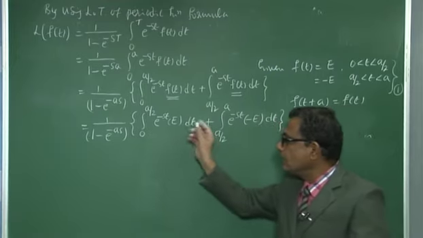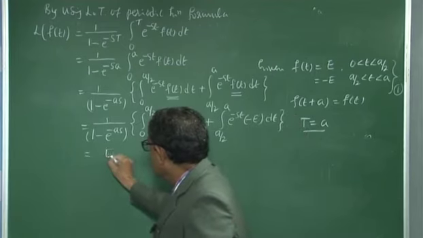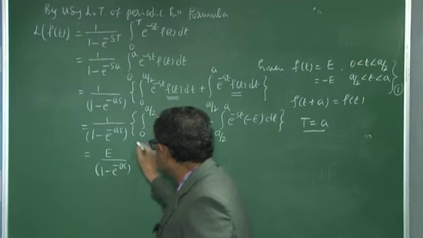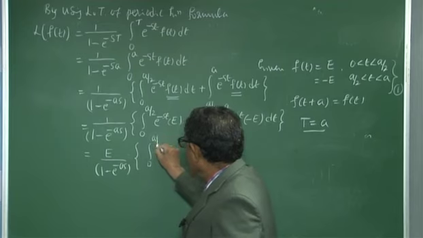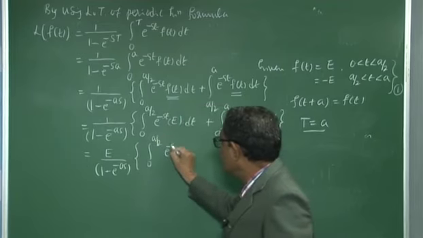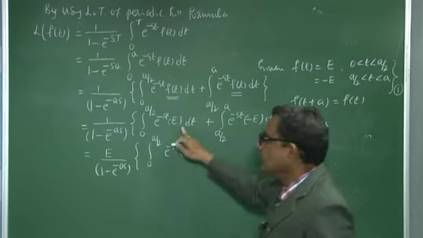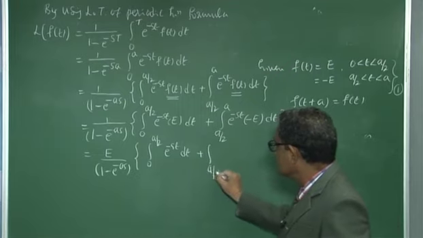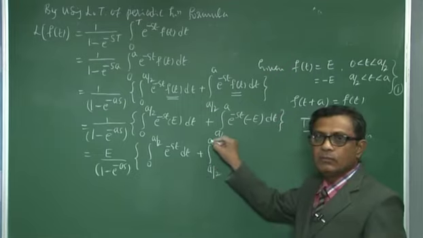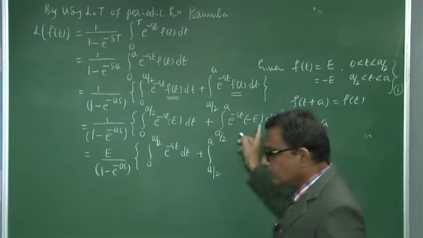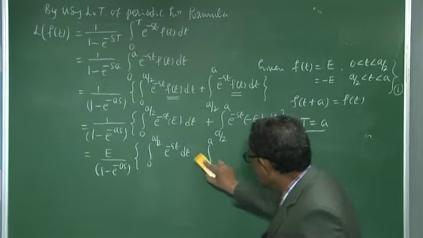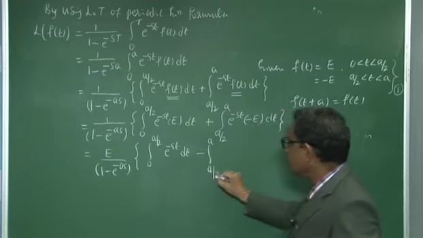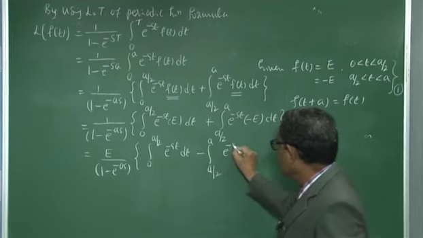You can take E outside the integral sign: E divided by 1 minus e raised to minus sa, times the integration from 0 to a by 2 of e raised to minus st dt. Similarly, for the second term, integration from a by 2 to a, you can take the minus sign as common outside, so it is minus the integration from a by 2 to a of e raised to minus st dt.